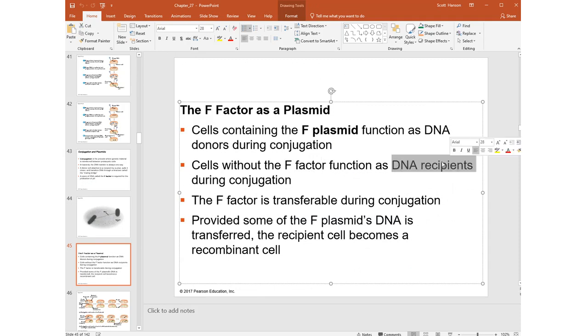But the F factor itself is transferable during conjugation, so a bacterium that doesn't have an F factor could actually be given one. Provided some of the F plasmid's DNA is transferred, the recipient cell becomes a recombinant cell.